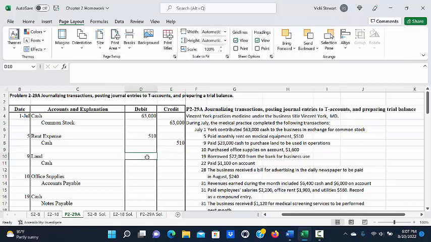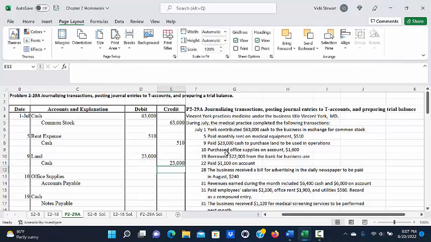On July 9th, it states that he paid $23,000 cash to purchase land to be used in operations. So we know he paid cash, so that would be a credit to cash, but what our debit would be is land. So we would debit land for $23,000 and we would credit cash for the same amount.